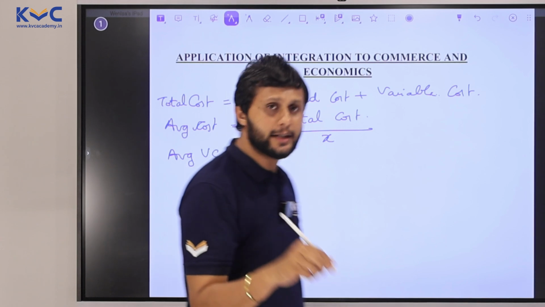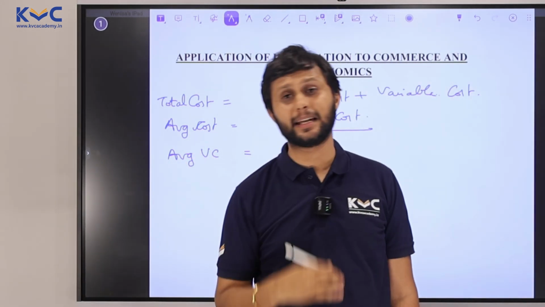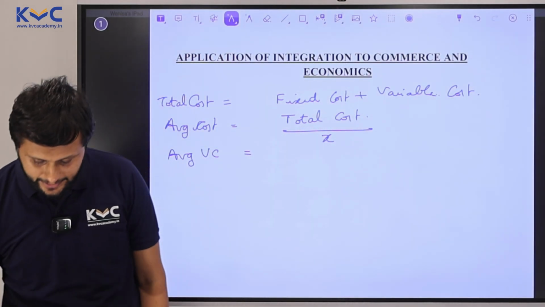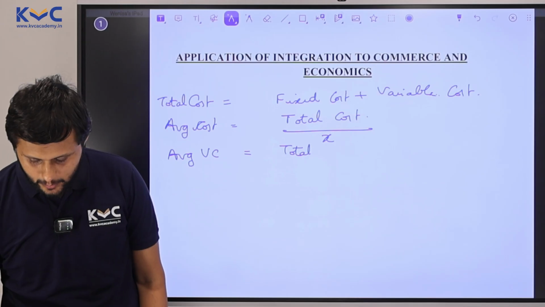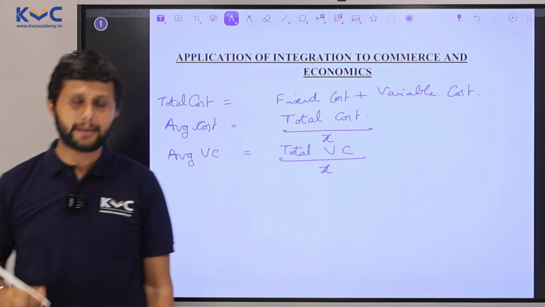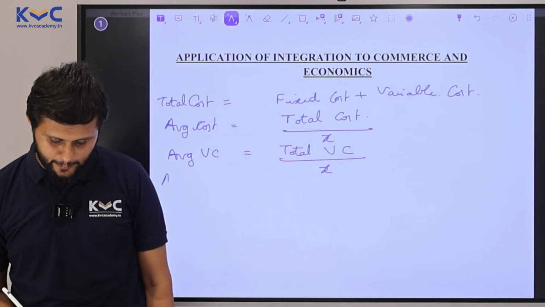For average cost, I took total cost divided by the number of units, x being the number of units. So for average variable cost, what I need is total variable cost divided by x, where x is the number of units. Next we'll go to average fixed cost.